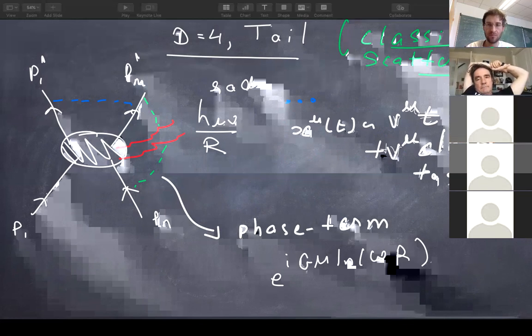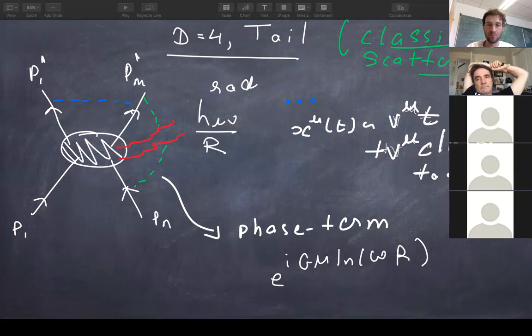And there is another effect, usually called the phase term in the post-Newtonian literature, which is the Coulombic effect of the particles on the gravitational radiation itself, which I denote here with the green dot. The red lines are the gravitational radiation, and the green dot is the Coulombic drag, and that manifests itself as a phase in the gravitational radiation, which goes as log omega r, capital R being the distance of the detector from the scattering center. So both of these effects contribute.